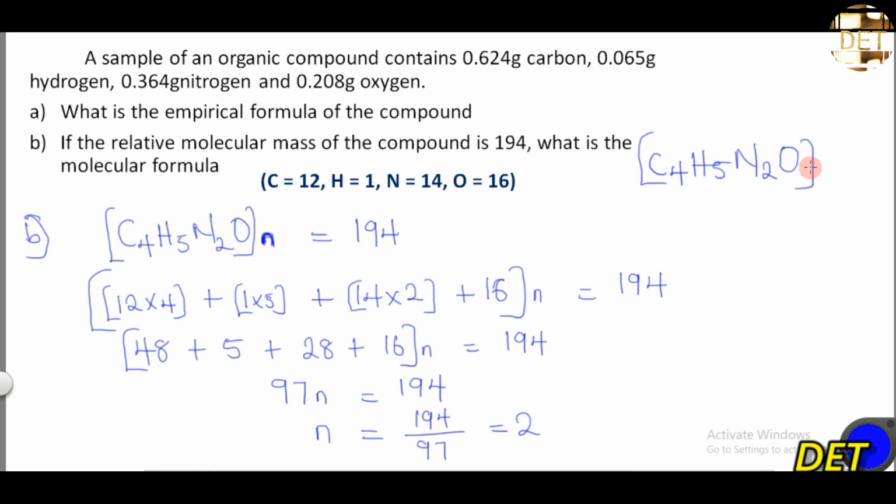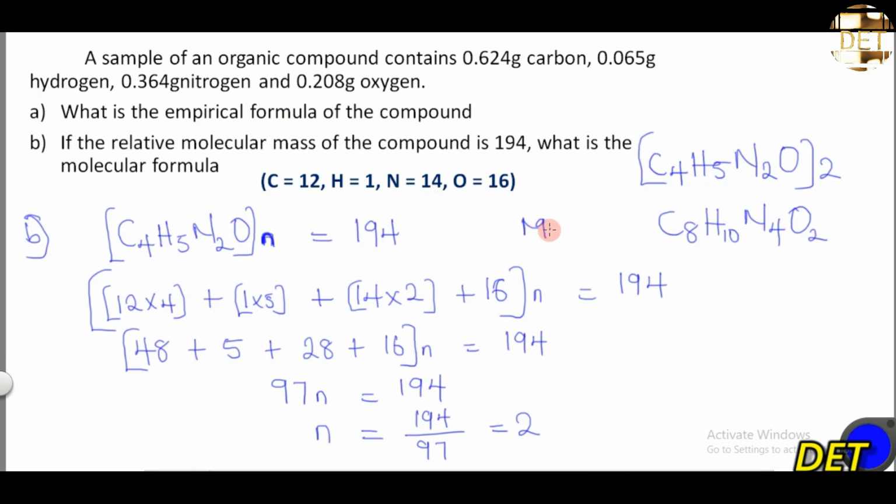So I'm going to put 2 there. 2 times 4 will give me C8. 2 times 5 will give me H10. 2 times 2 will give me N4. 2 times 1 will give me O2.